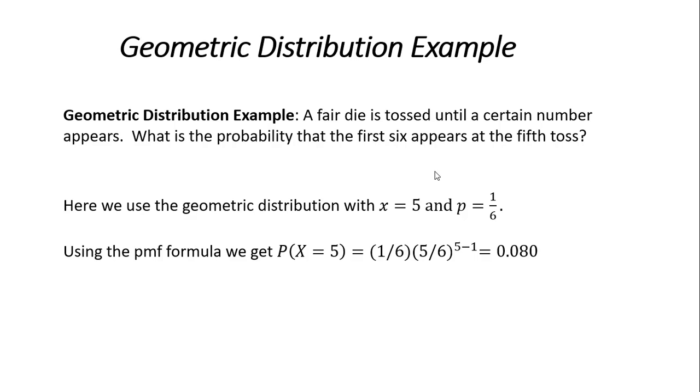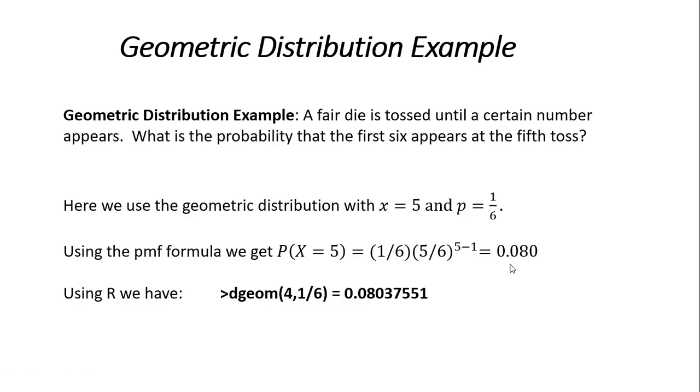So here we could think of this as the geometric distribution. X is 5. P is the probability that you get a 6 on one toss, so that would be 1/6. Using the well-known PMF for the geometric distribution, probability X is equal to 5 would be 1/6 times 5/6 to the 4th power. We get 0.080.